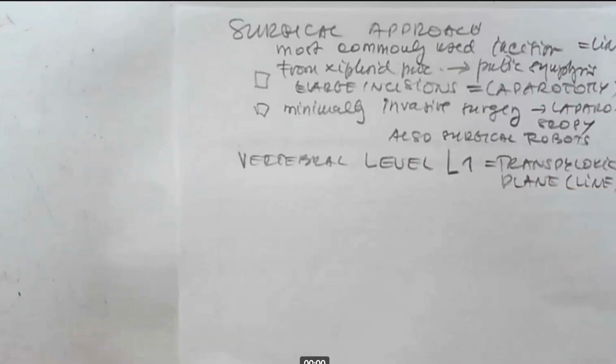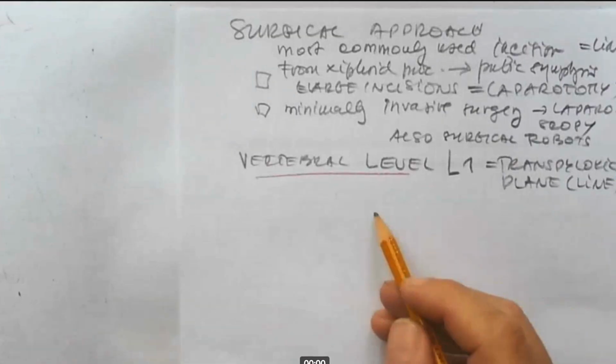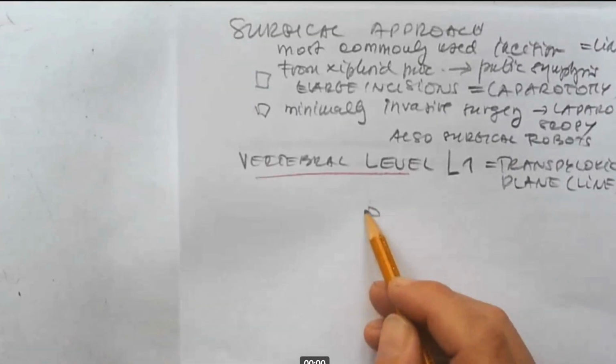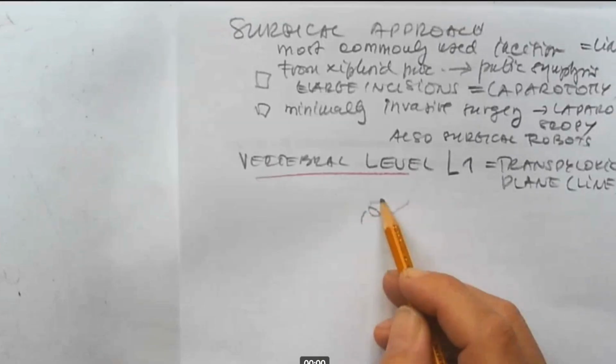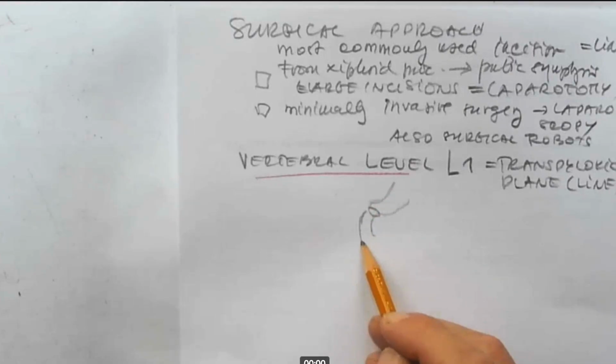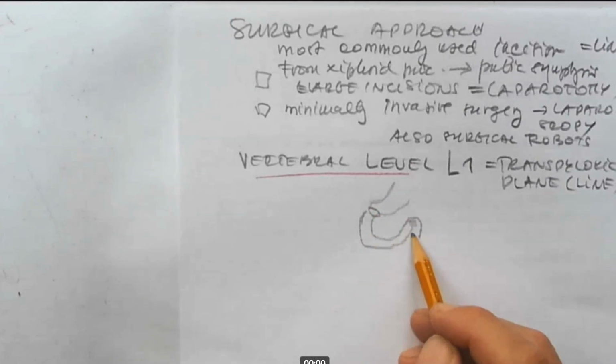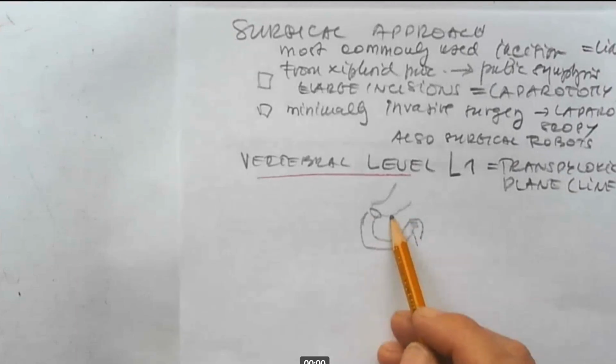This transpyloric line is important to see because this line passes, in a very quick section, through the stomach, the duodenum, descending part, horizontal, ascending, and the duodenojejunal flexure.